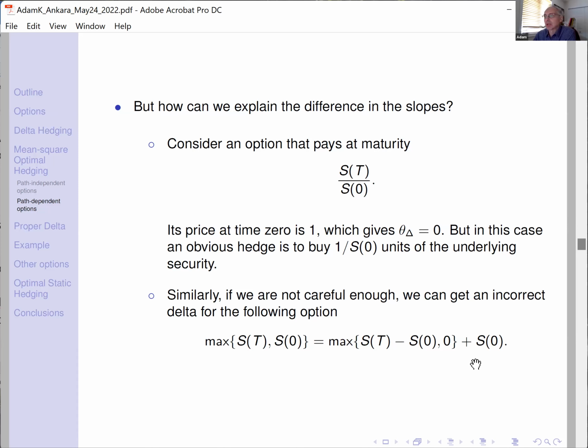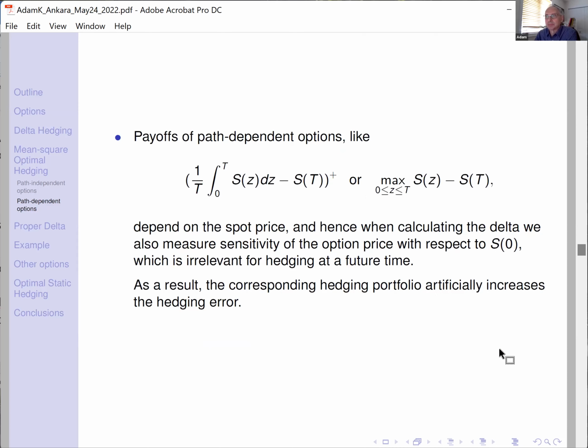We guarantee the payoff that is at least equal to the initial investment. And this can be recognized as a portfolio of certain investment in the riskless asset plus a call option. So again, if I calculated the price of this and then I wasn't careful enough, when differentiating I would also be differentiating with respect to the parameter of the payoff function, and now I would receive incorrect delta.